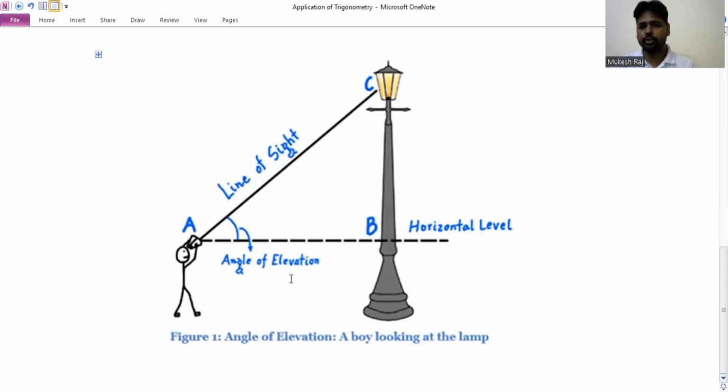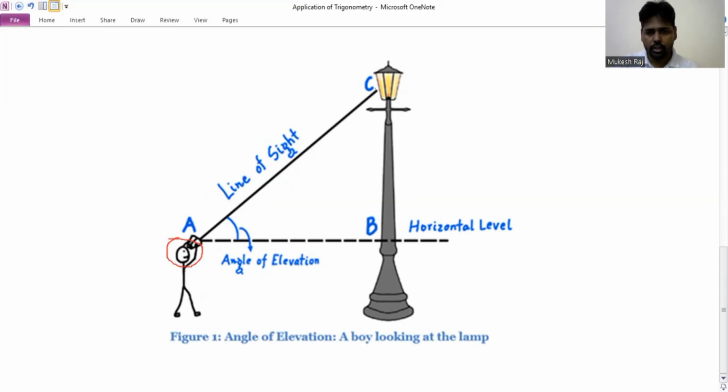Though this figure represents only the angle of elevation, here I will be combining both of them. As you can see, this is the person who is trying to visualize the lamp post. This is the human eye, the person who is visualizing from here.